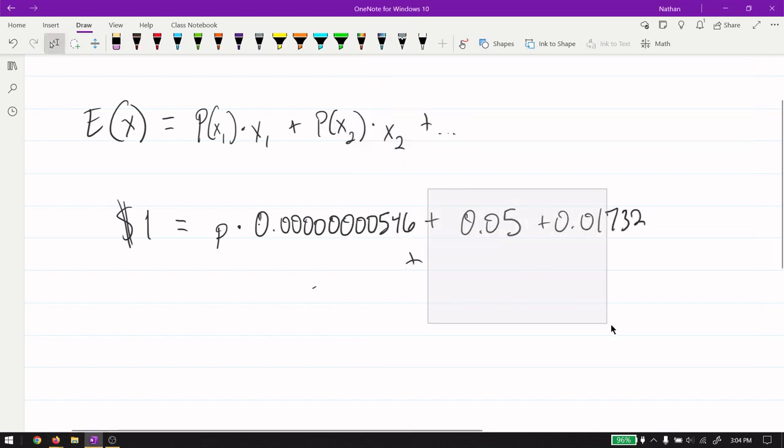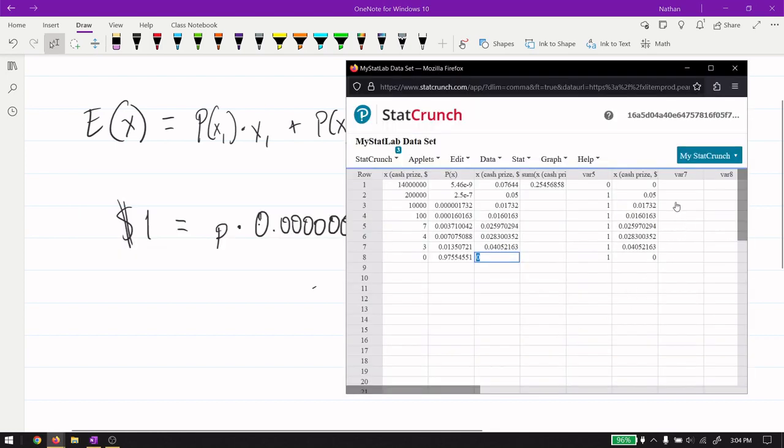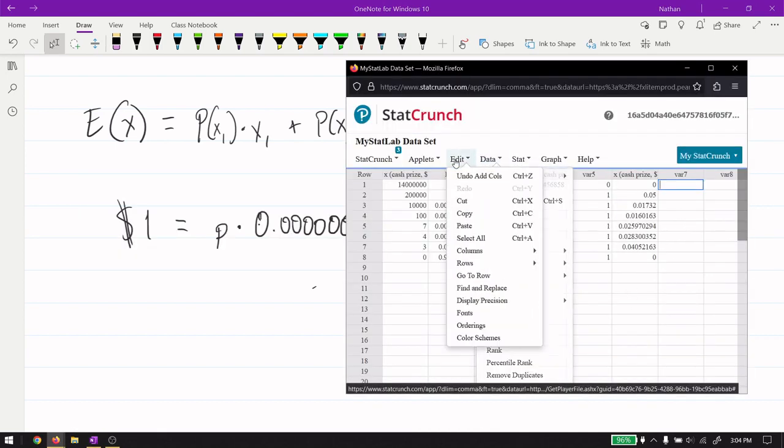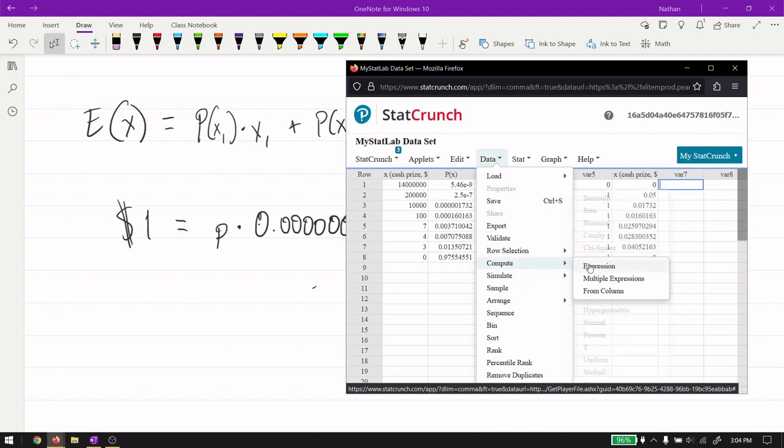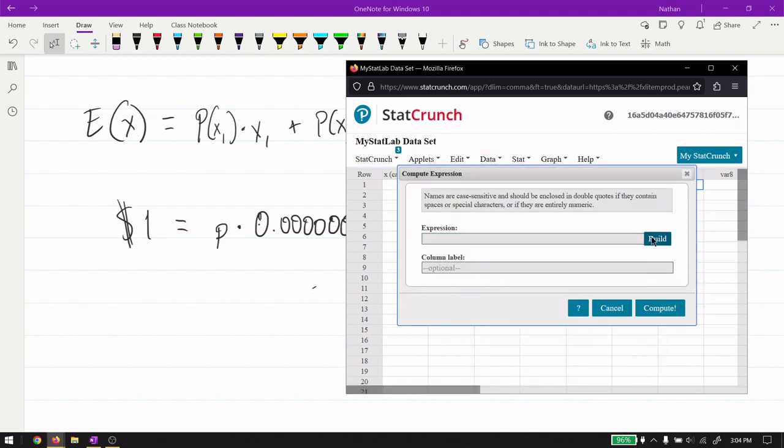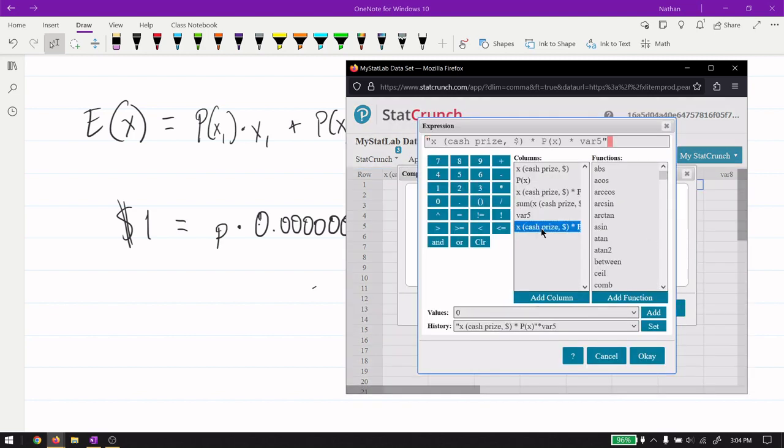That's really what I was doing here: adding up all of these amounts. This one has a variable in it, so I don't want to add it in, but I want to add up all the rest of them. I can do that on StatCrunch very easily by just doing the sum. So we're going to go compute expression. We're going to take what we just calculated, and we're going to do the sum.